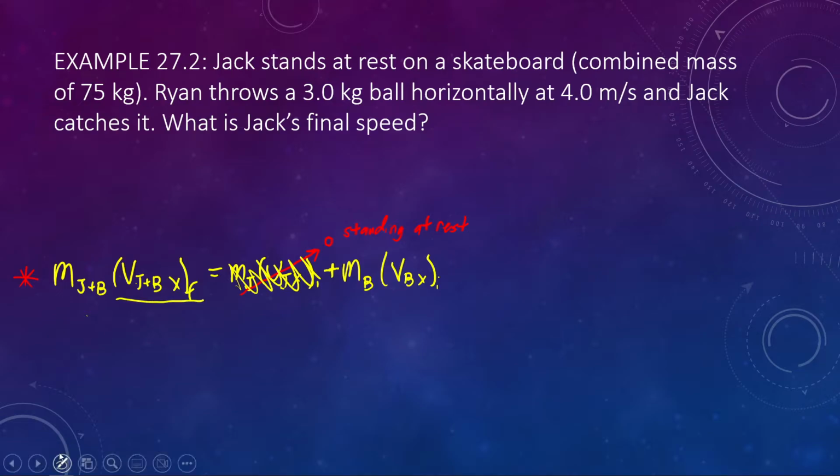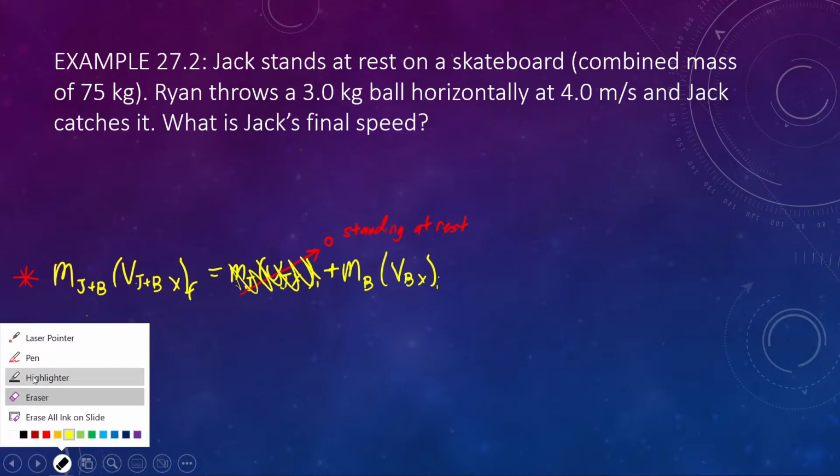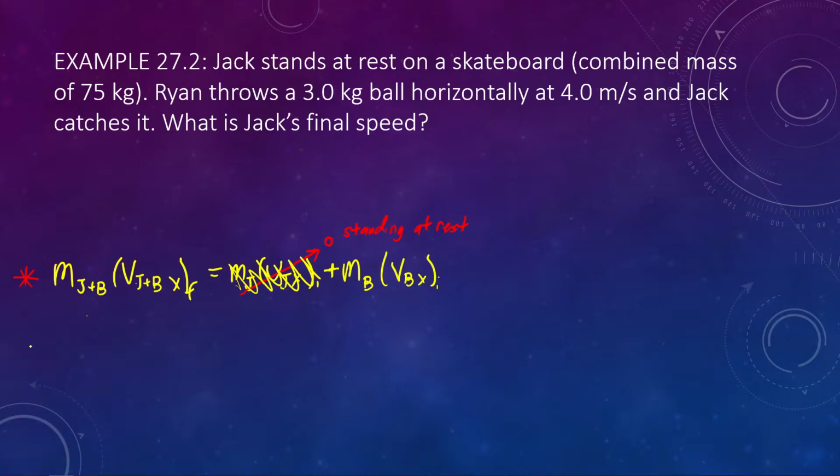All we have to do is divide by the total mass. So velocity of Jack plus the ball in the x direction final, what we're trying to solve for, is mass of ball times velocity of ball in the x direction initially, divided by that total mass, mj plus b.